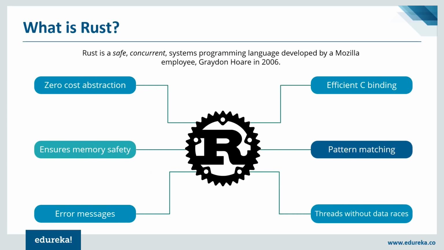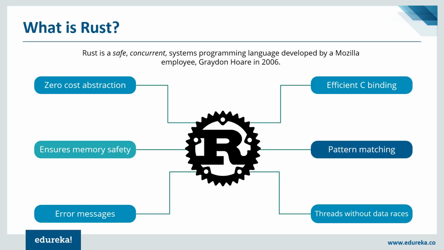Now, let's discuss what is Rust and look at a few key features of Rust. Rust is a new systems programming language released by Mozilla that runs blazingly fast, guarantees memory safety, and ensures effective programming. Let's discuss a few key features. The first one is zero cost abstraction. Like I mentioned earlier, in Rust, we can add abstractions without affecting the runtime performance of the code. So it basically improves the code quality and the readability of the code without any runtime performance cost.